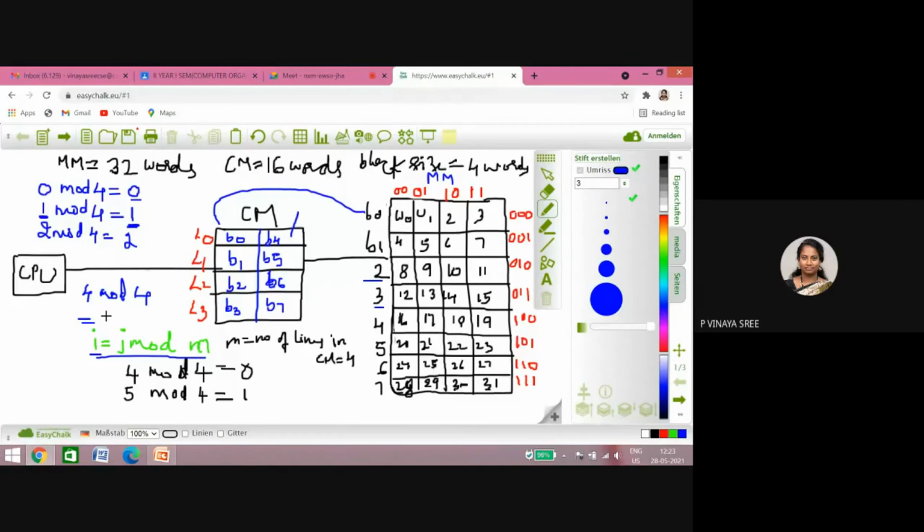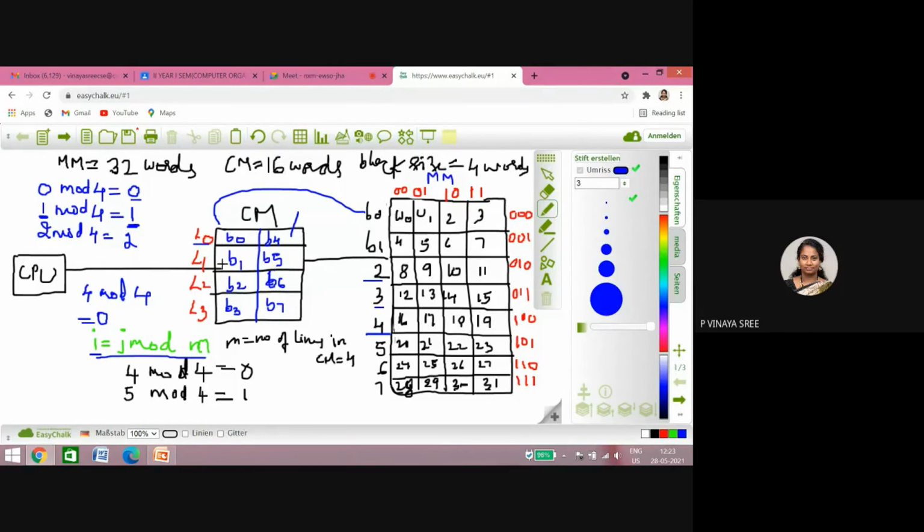You are getting the result as 0. That indicates this block 4 has to be mapped to line number 0. If you substitute all of that one by one, as here we have only 8 blocks, you will be getting the result.